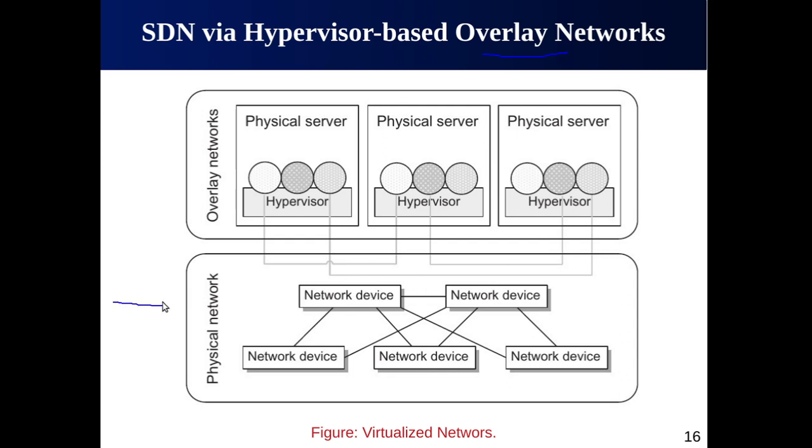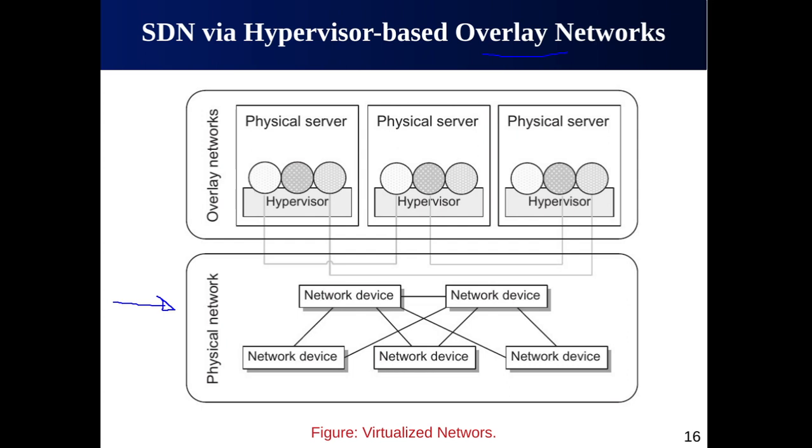We do not mess up with this physical network. We do not mess up with these devices at the physical layer. Their configuration remains unchanged. But above this network, the hypervisor-based virtualized networks are created.